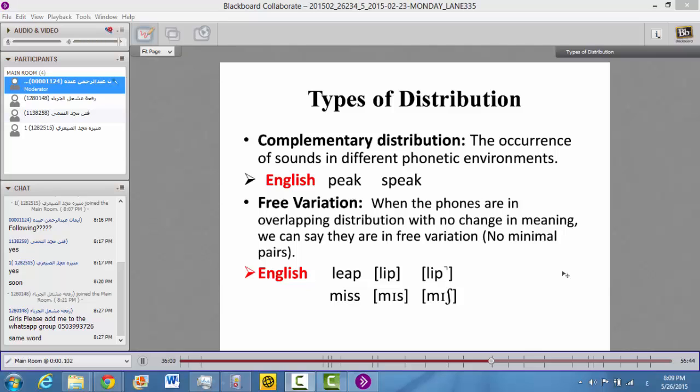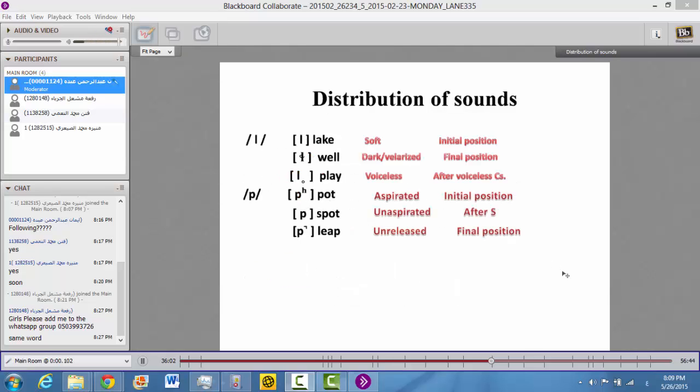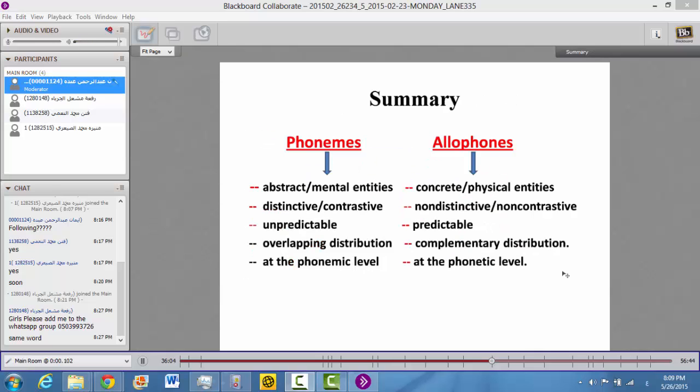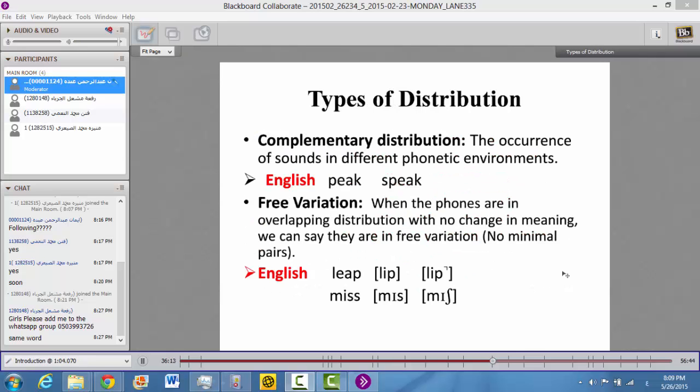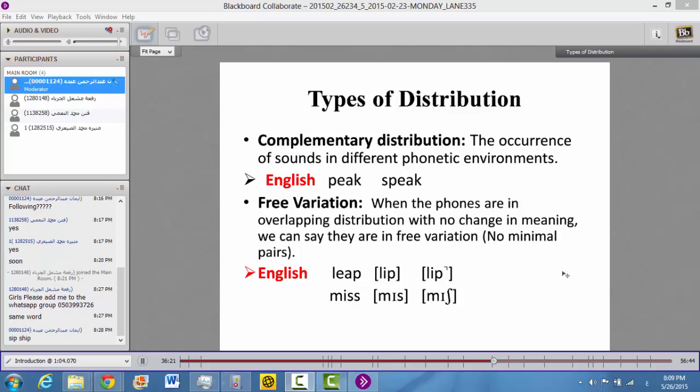It's just similar to sip and ship. Is this similar to sip and ship? Miss and mish. I miss you, I mish you.